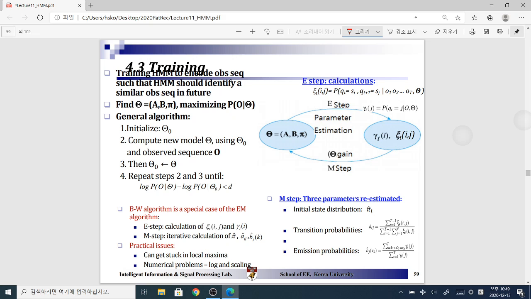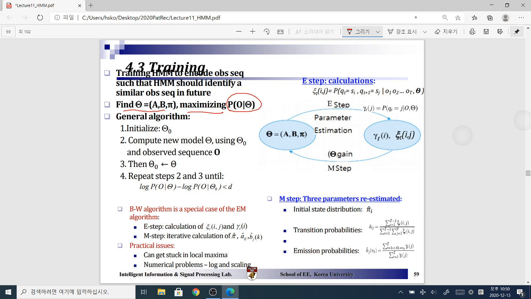So once again, the training is going to involve the EM procedure. That is, we want to find A, B, and pi, which are the parameters that make up the model, by maximizing the probability of the observation sequence.